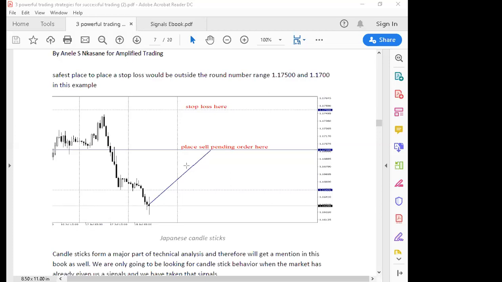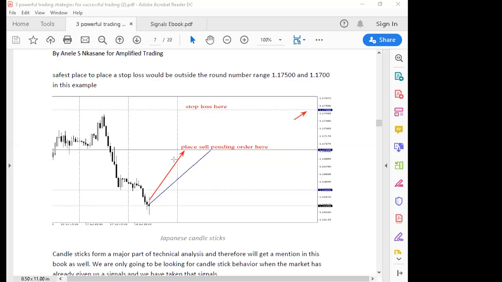Okay, so if you see the market push up, we're going to place our sell stop right at 117 even. Our stop loss goes at 1750. Boom, there we go. It's an area where I feel like it's actually unreachable for the market to just tag my stop and then go in the opposite direction. If it does, then I'm probably wrong. But if it doesn't, then I make some money.